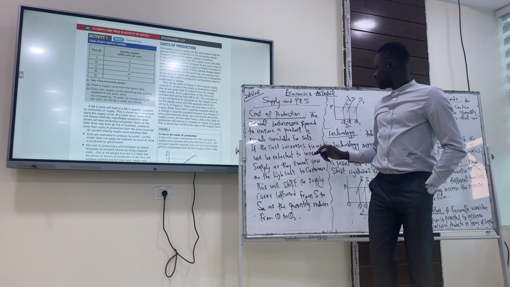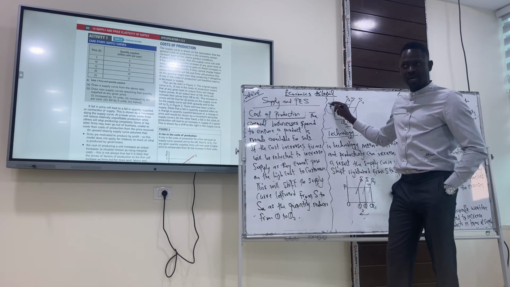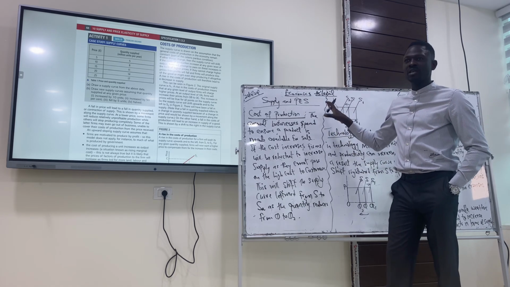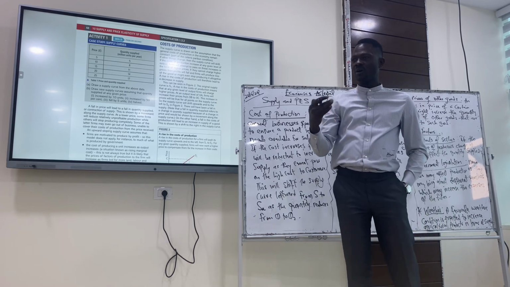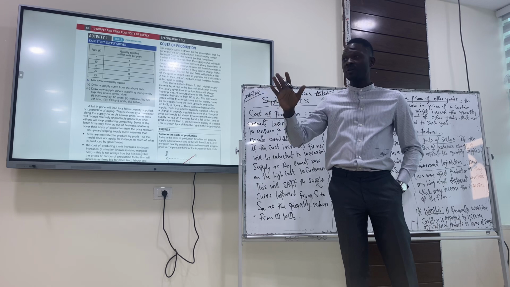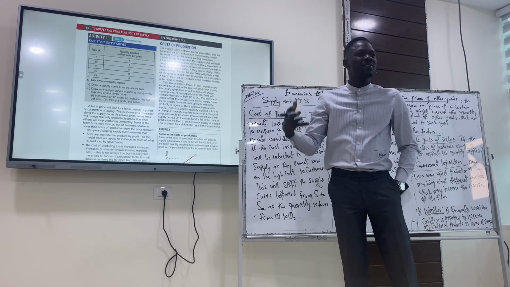And based on the fact that price remains constant, we cannot change price. Ceteris paribus, price is fixed. Producers or businesses will not be able to shift the cost on consumers. As a result, they become demotivated to produce more.